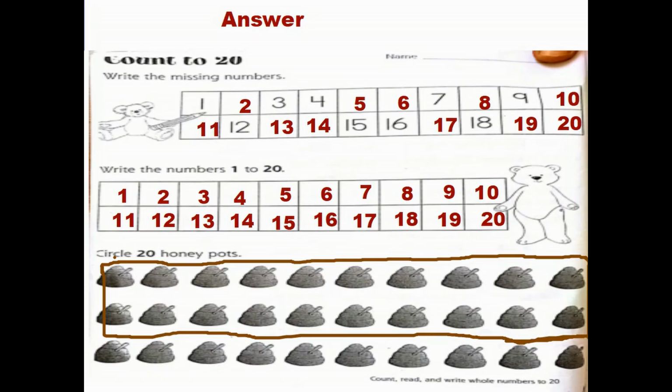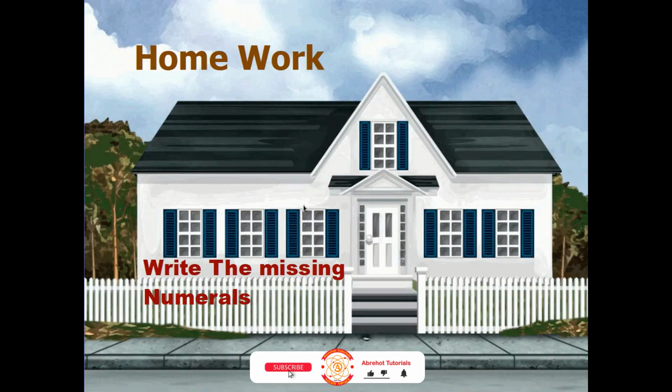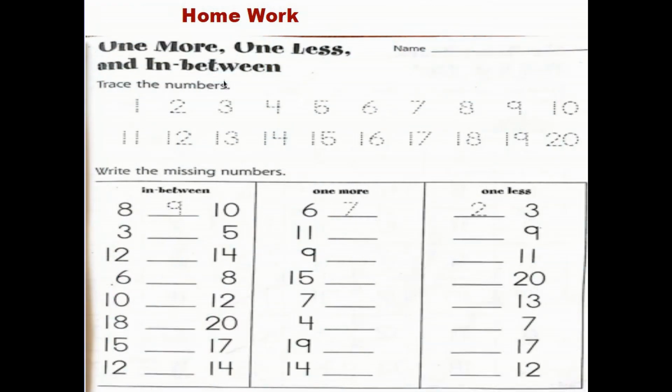All right. Now, finally, before we finish today's lesson, I will give you one homework that you are going to do at home. You have one more, one less, and in between.